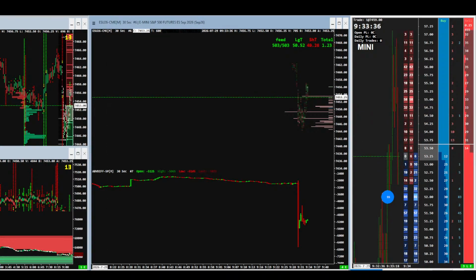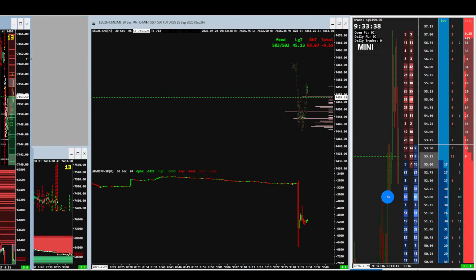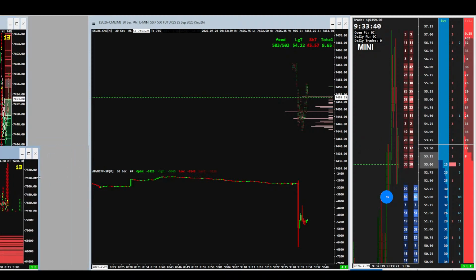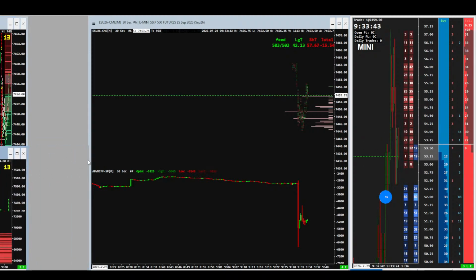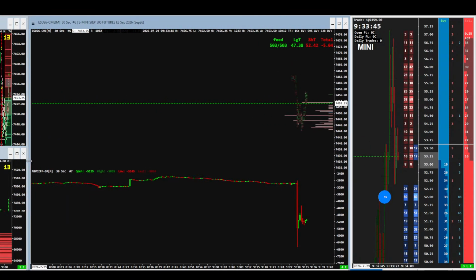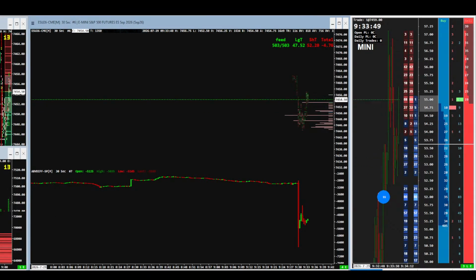Which I imagine that it will hold. But then again, you had a lot of fresh selling pivot the market up. There's really not much buying coming in, maybe a little bit.